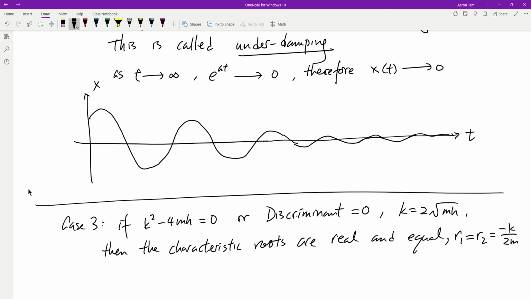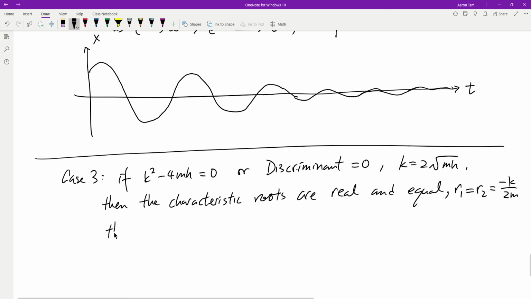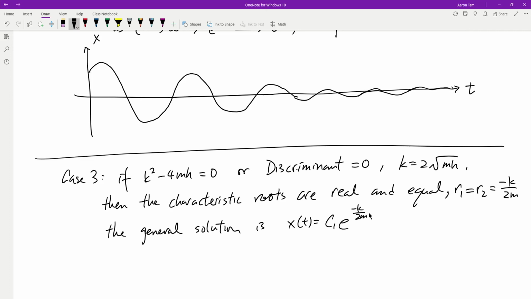What would happen to the solution? The general solution in this case is x of t equal to c1 e to the negative k over 2m t plus c2 t e to the negative k over 2m t.